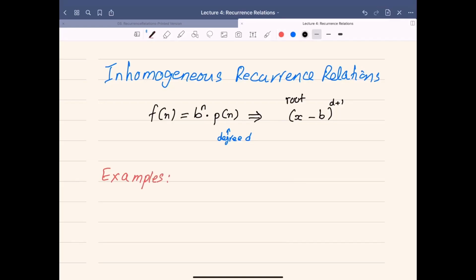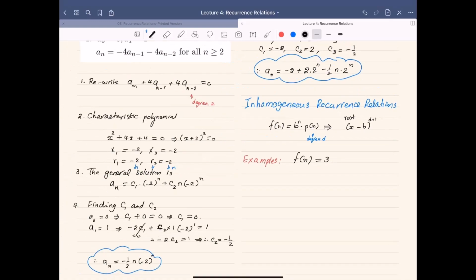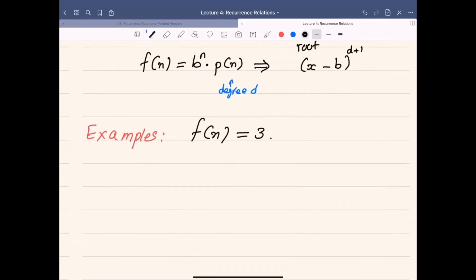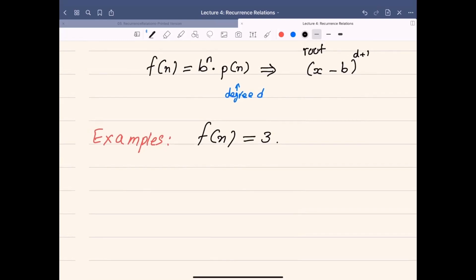Suppose we have f of n is equal to a constant, let's say 3. Now how can I write a 3 as a number raised to power n multiplied by a polynomial?